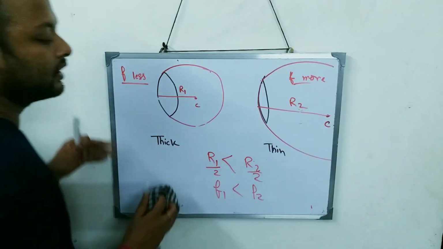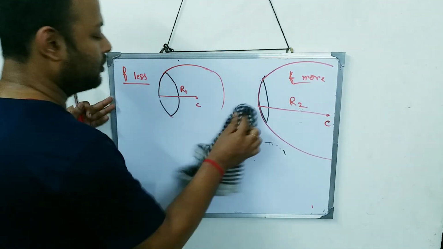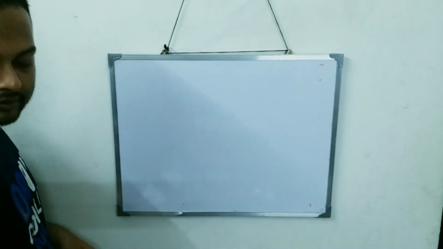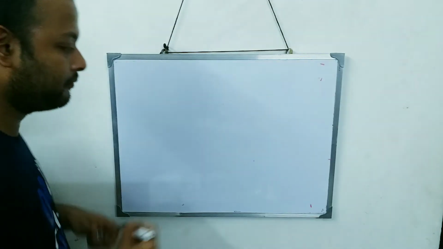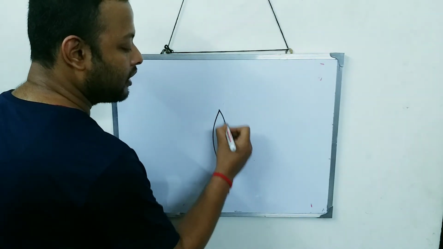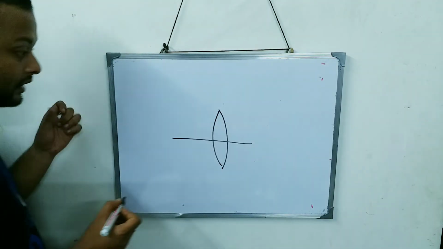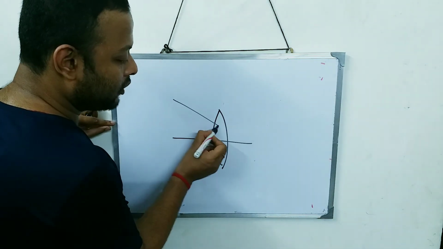And considering this as the last part, if we take a lens, suppose the rays are coming something like this, obliquely.